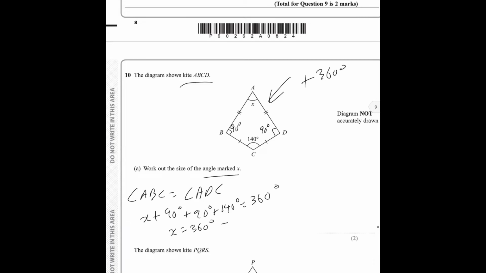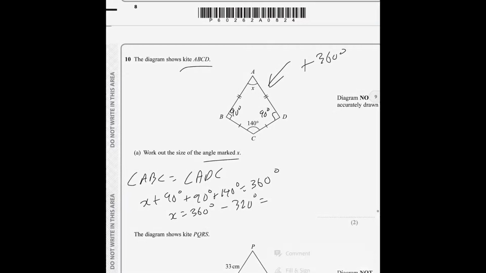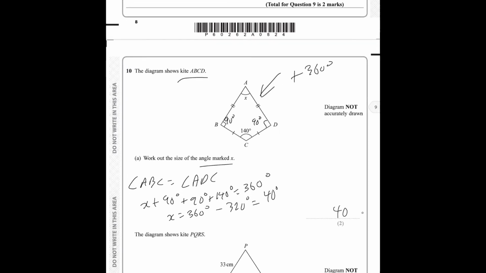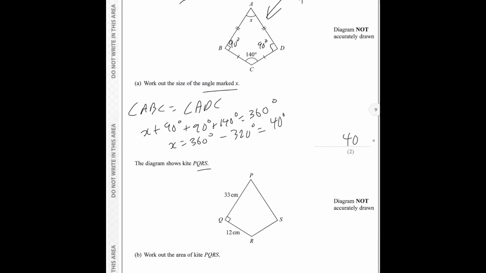That's a rule. So you're going to do 360 degrees minus 90 plus 90 plus 140, which should give you 320 degrees. 360 minus 320 should be about 40 degrees in total. So that's 40 degrees for your 2 marker answer.